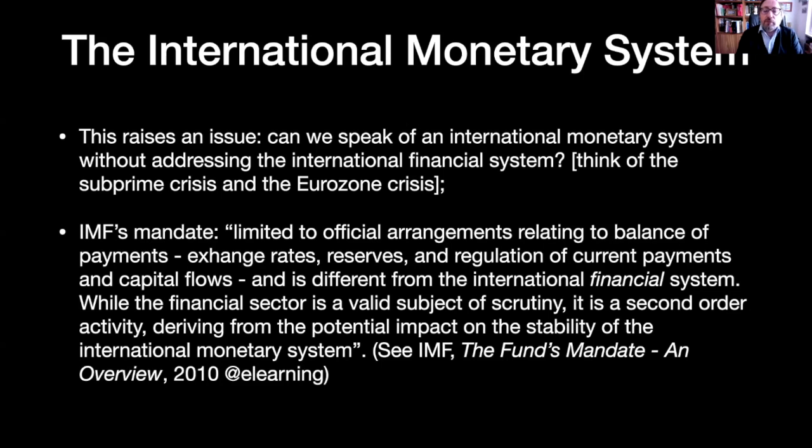And it is different from the international financial system. And so it says, well, although it is a valid subject of scrutiny, so obviously there are possible risks to the international monetary system arising from, say, a badly regulated financial system, it is a second-order activity to scrutinize the international financial system.